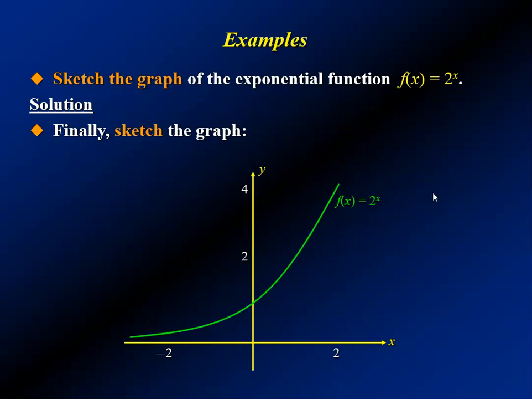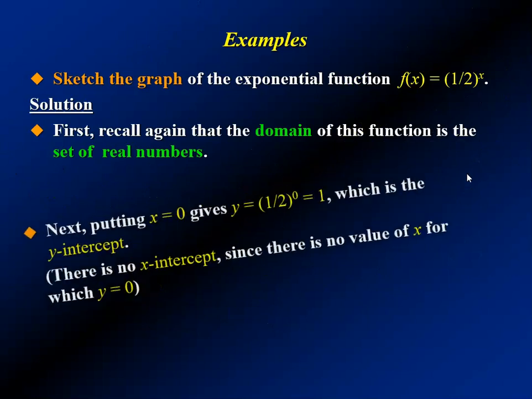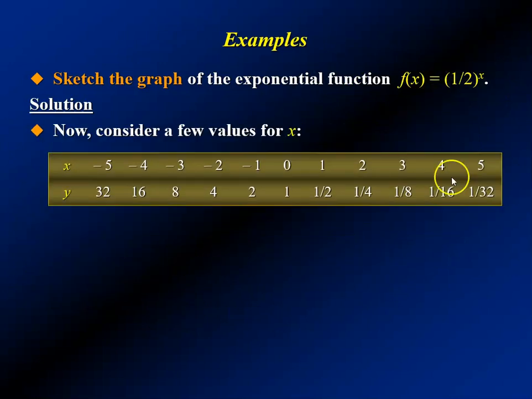Another example: let's say we have the fraction form 1 over 2 to the power of x, and let's get the values. We have the opposite values of the original function 2 to the power of x. For negative 5 we now have 32.